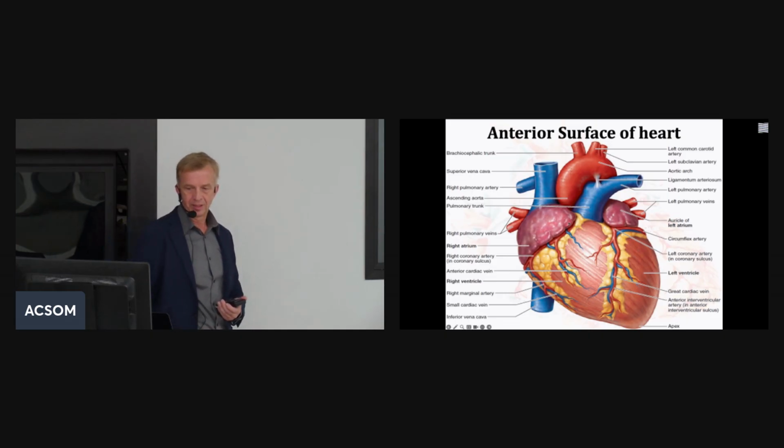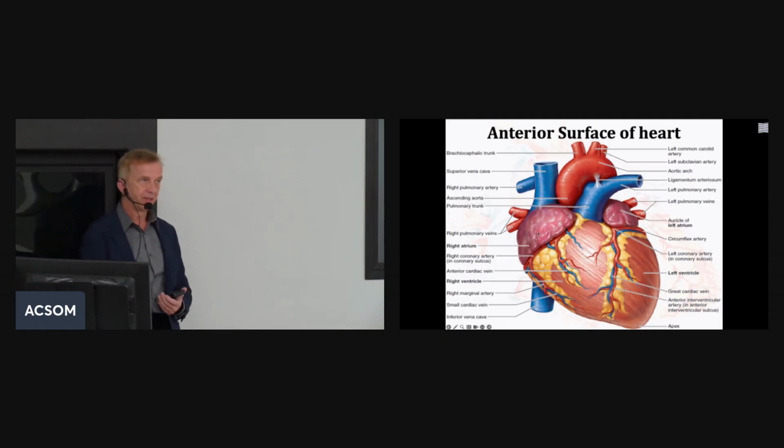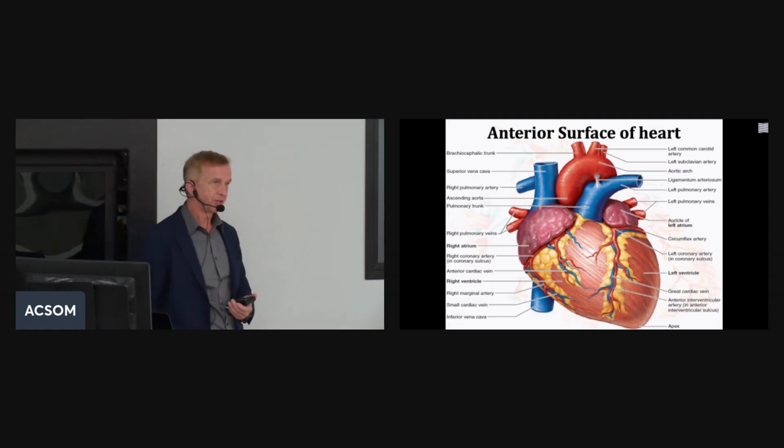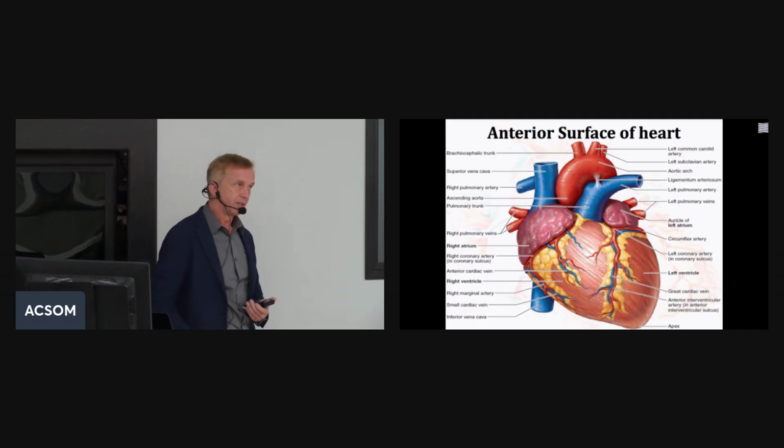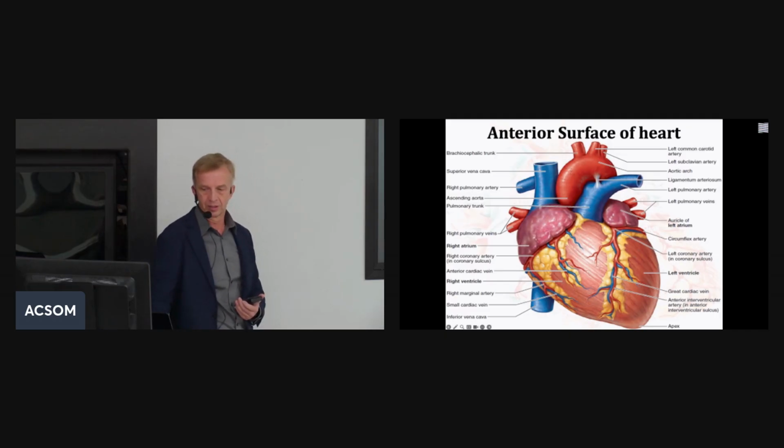And for the right atrial auricle, the clinical importance is when we implant devices like pacemakers, we implant the atrial lead to the roof of the right atrium or right atrial auricle.